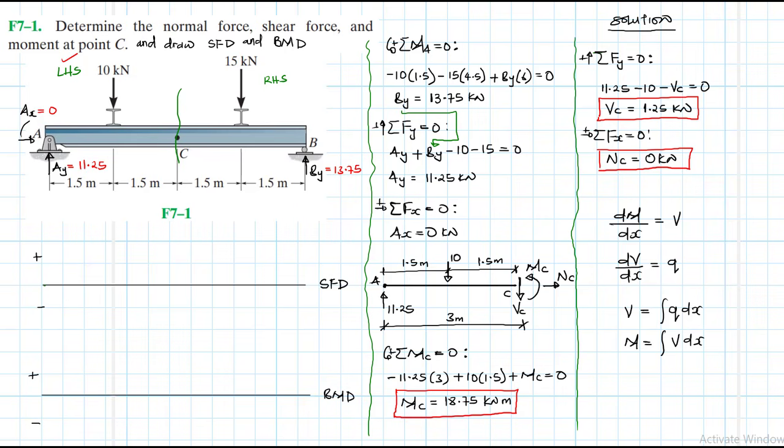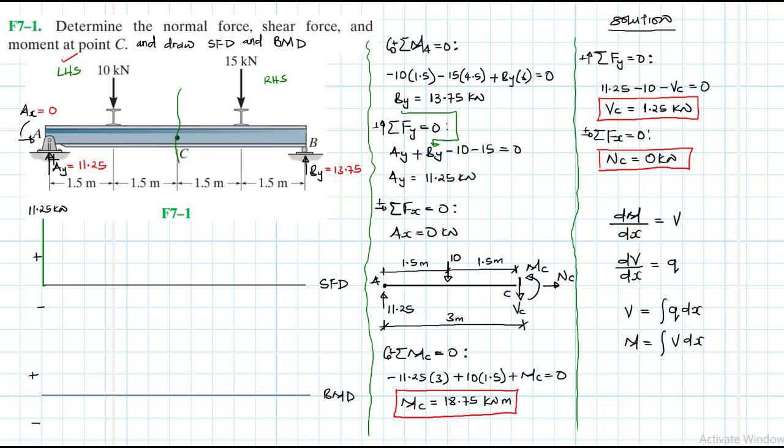We are going to move upwards by that magnitude of 11. Let's say we are going up to there. Once we reach that point, let's write it down. This is 11.25.